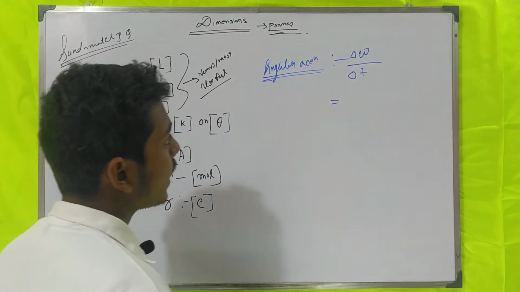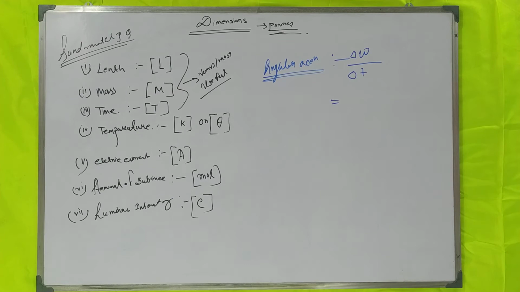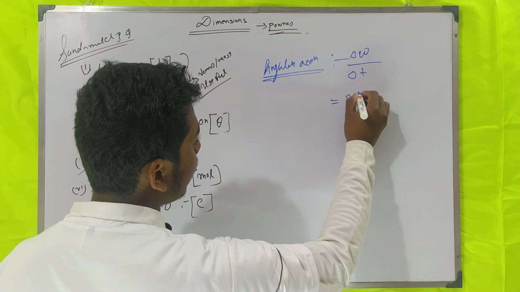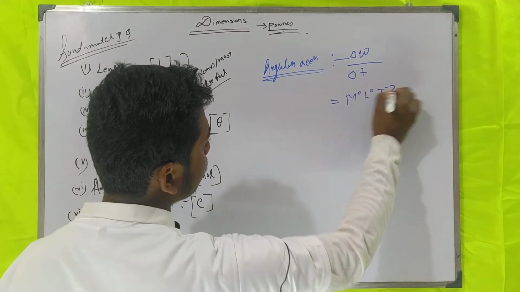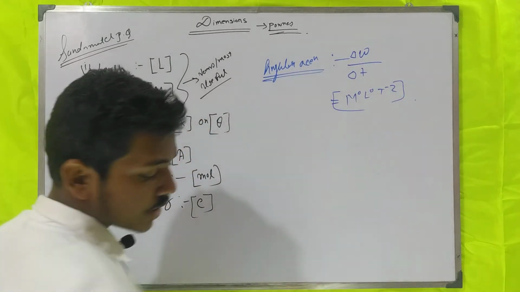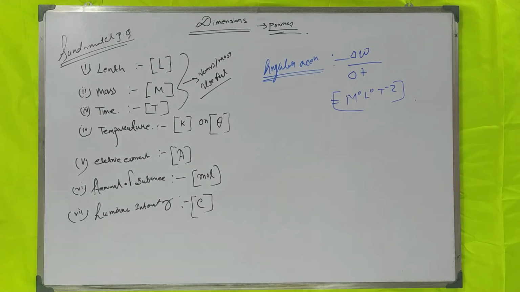So we can write this as a t inverse. So we can write angular acceleration is equal to M^0 L^0 T^-2. So is it clear?